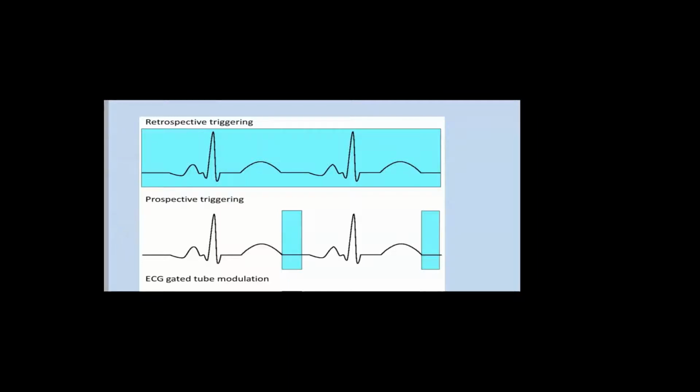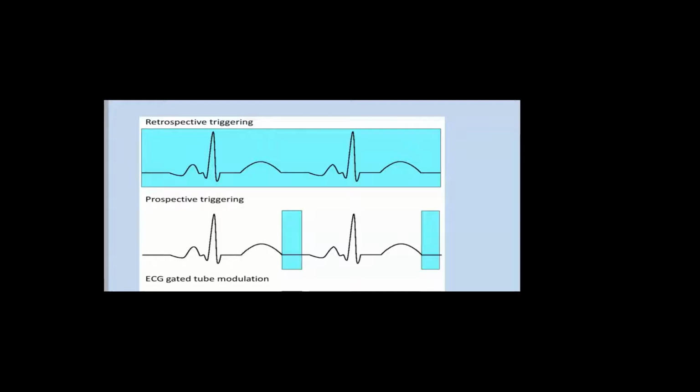Okay. Now we said functional data, meaning contraction, relaxation, and opening of the valve, closure of the valve. Where can we get this? In prospective or retrospective? Retrospective, exactly.